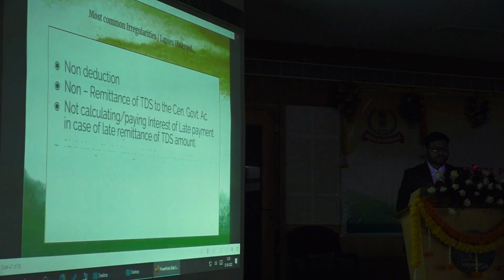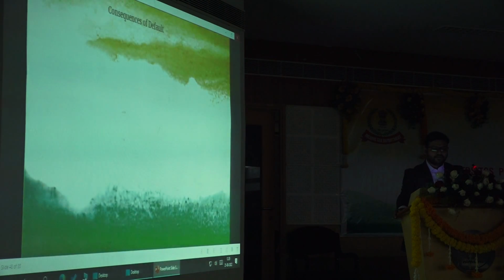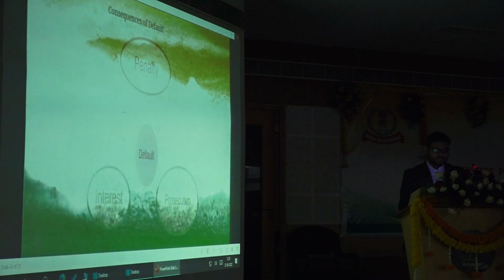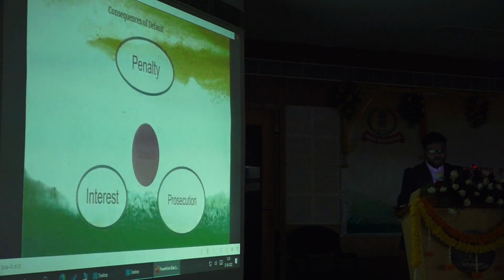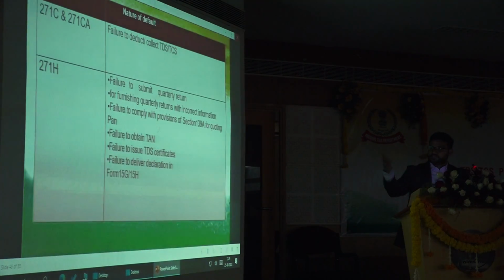So section 271C and 271CA, I told you earlier, for non-deduction and collection of TCS, and section 271H for not filing the quarterly returns, not furnishing the correct information, and not obtaining the TAN details. For all these things, section 271H penalty is applicable on the deductor.